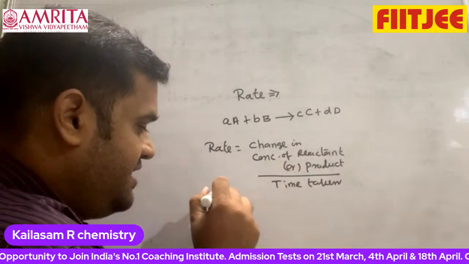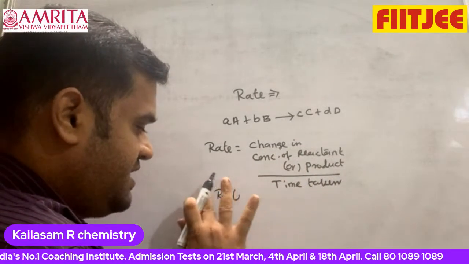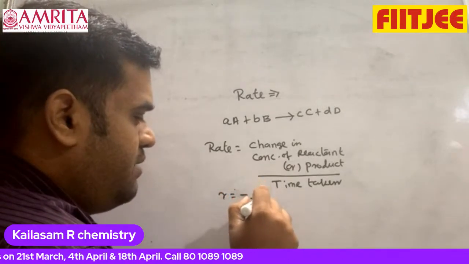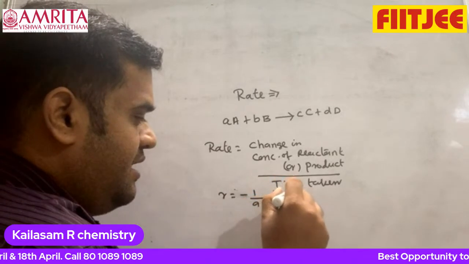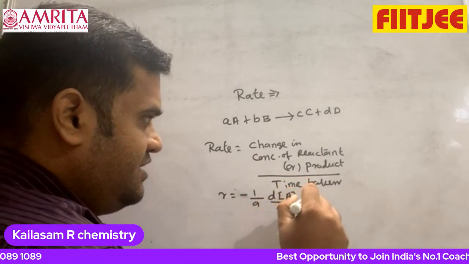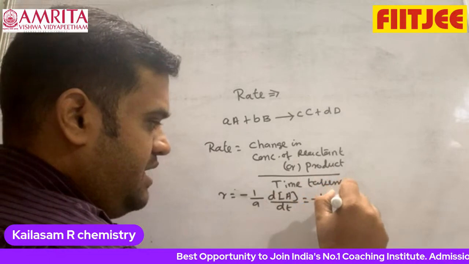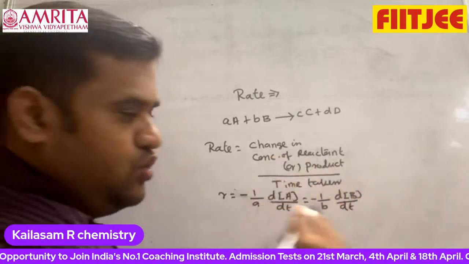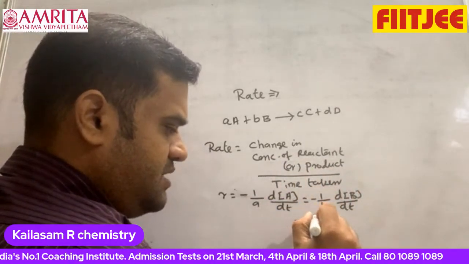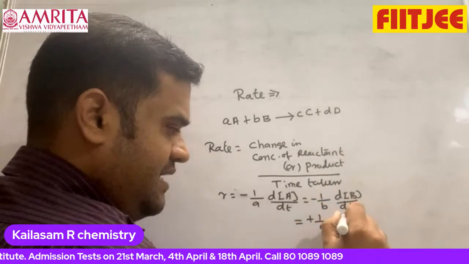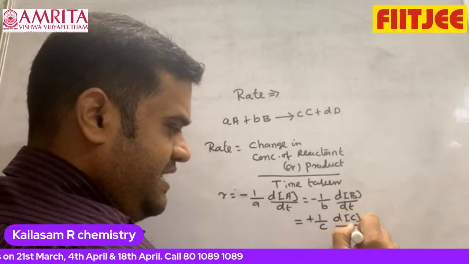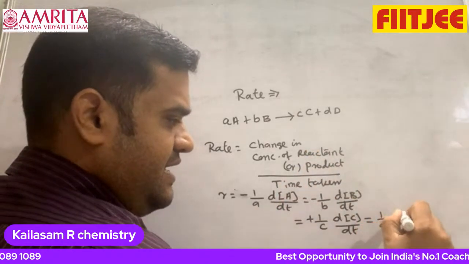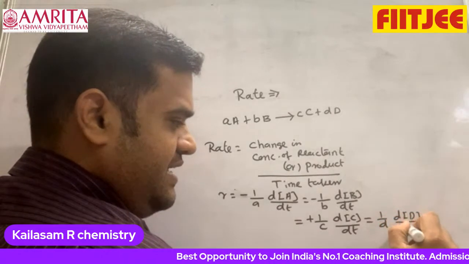That means I can write the rate R as minus 1 by a, dA by dt, is equal to minus 1 by b, dB by dt, is equal to plus 1 by c, dC by dt, is equal to plus 1 by d, dD by dt.